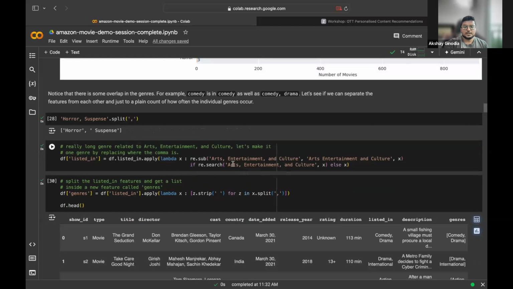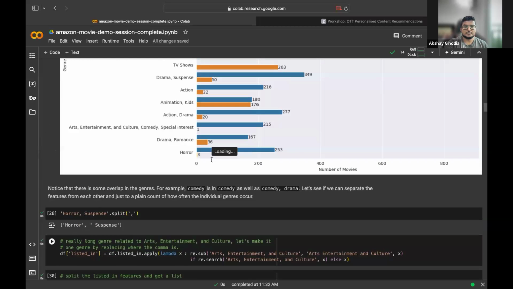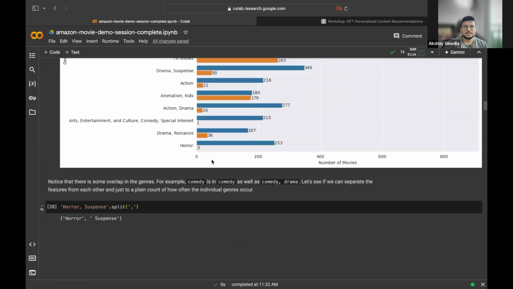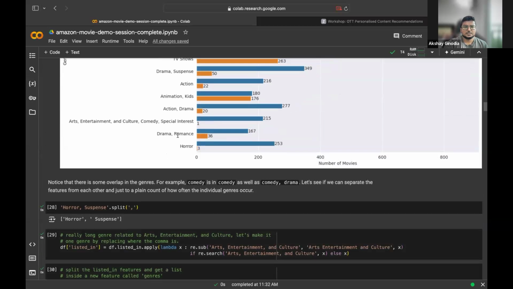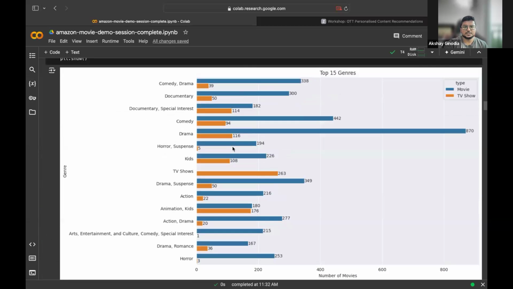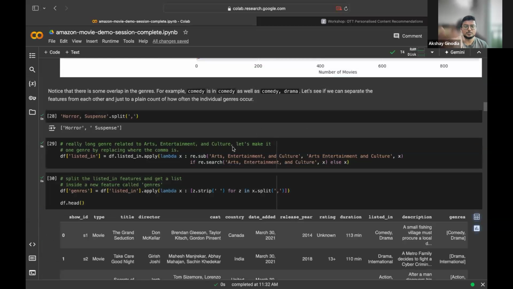For one specific category, arts, entertainment, and culture, we are using this as a special category. Based on the exploration, and we don't have time to go into the detail of everything, we see arts, entertainment, culture as a genre has been a special category in itself.